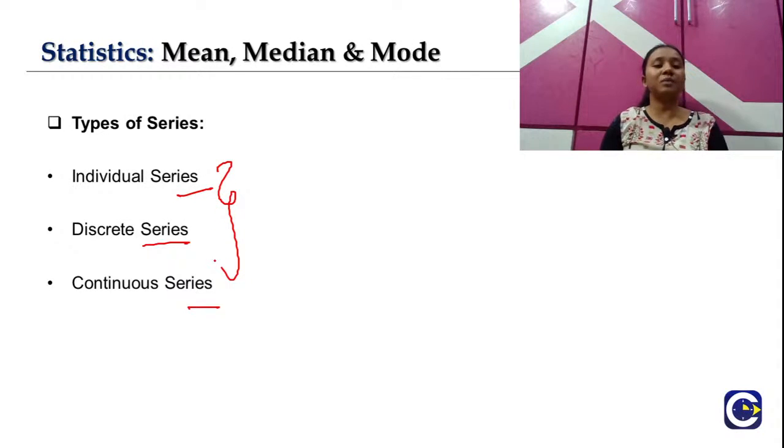Can anyone tell me what data will be given in each of these series? The first one is the individual series, the next one is discrete series, and the next one is continuous series. At least give me an example of them if any of you are familiar with these series. Quickly guys, I'll give you 1 minute. Let's read the name of it.